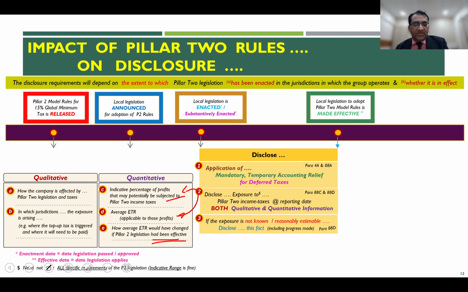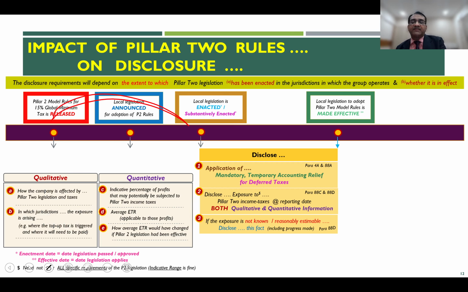Because you are giving the disclosure in this period when only the enactment has happened. It is not effective. So this disclosure quantitatively will tell how your average ETR will get changed if this is already effective in this period. That's how you have to give the disclosure in this period.